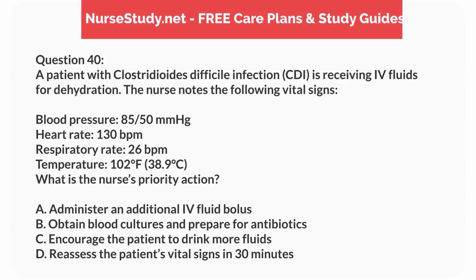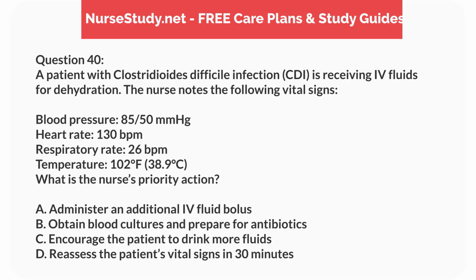Question 40. A patient with Clostridioides difficile infection, CDI, is receiving IV fluids for dehydration. The nurse notes the following vital signs. Blood pressure, 85/50 mmHg. Heart rate, 130 beats per minute. Respiratory rate, 26 breaths per minute.